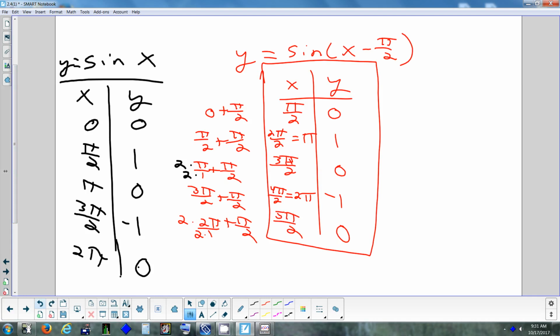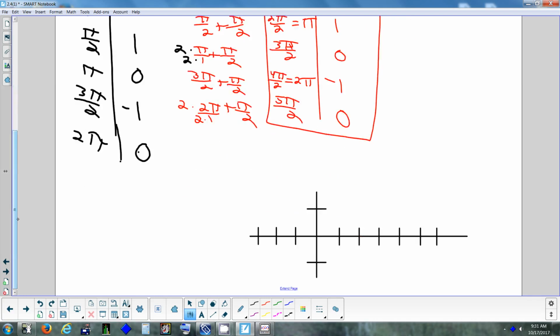Okay, so those are your table, and now the last step is to put those tables on your graph. Peter, what's the highest and lowest that our graph goes? 1 and -1. Now, you can label your x-axis however you want, but whenever you label something on a graph, what do you have to make sure of when you put your labels?